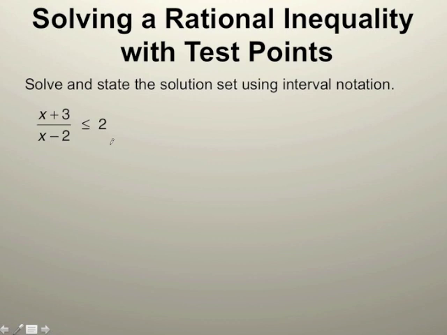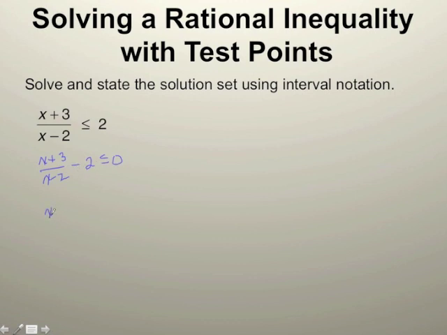Now trying that, this one to begin with is not equal to 0, so it doesn't have the 0 on one side. So we'll have (x plus 3) over (x minus 2), minus the 2, is less than or equal to 0. However, the other side must be a ratio of two polynomials, so we need to combine these.